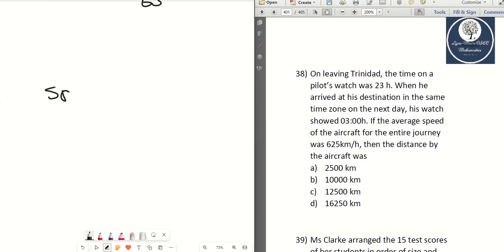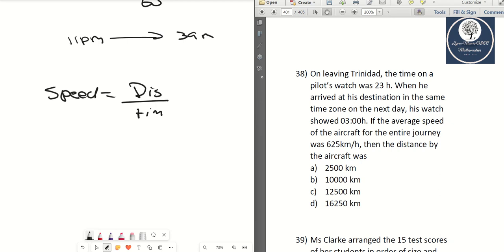So you know that speed is equal to distance over time. Let's find out the time. If it is 23 hours, that is 11 o'clock at night, so 11 p.m. to 3 a.m. You can count that on your hand: 11 to 12, 12 to 1, 1 to 2, 2 to 3. That's 4 hours.